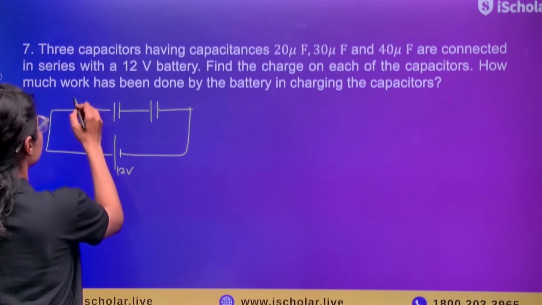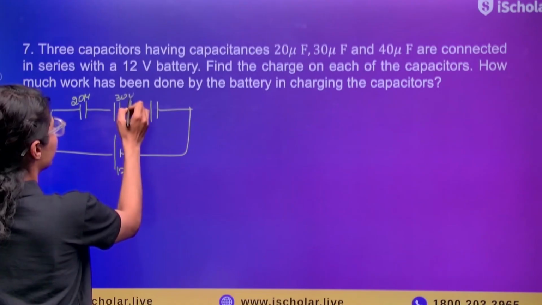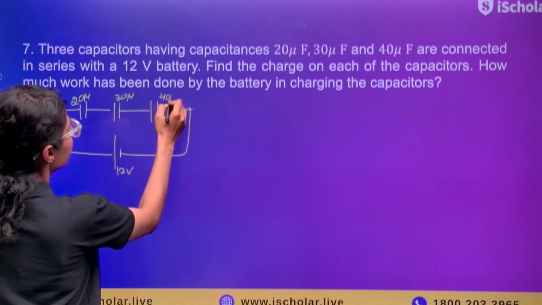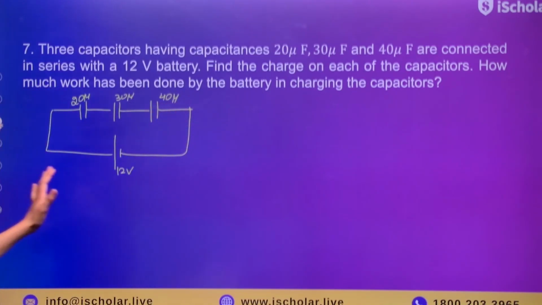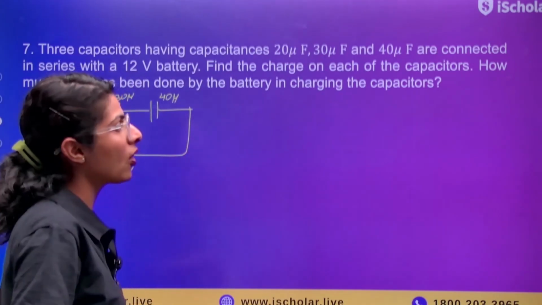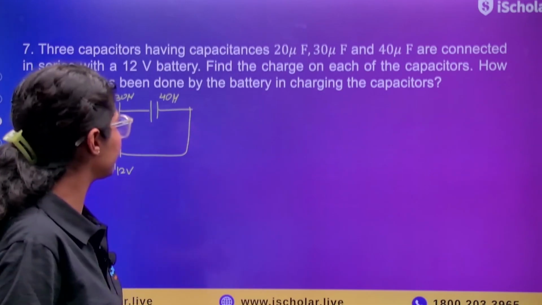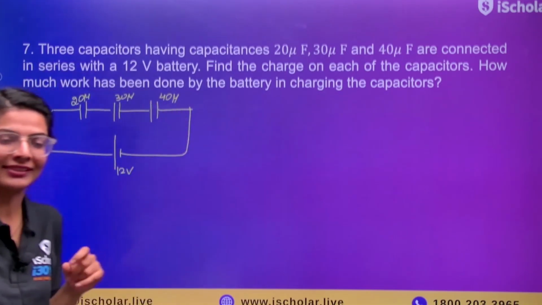The first capacitance is 20 microfarad, the second one is 30 microfarad, and the third one is 40 microfarad. All the 3 capacitors are connected. Find the charge on each of these capacitors, and how much work is done by the battery? So how can we do such type of problem?